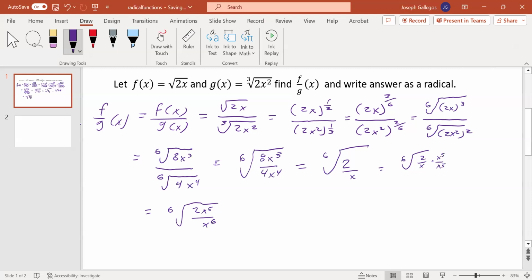And now we have a perfect sixth root in the denominator, so the denominator is just going to become an x. The sixth root of x to the 6 is x. And in the numerator, we have the sixth root of 2x to the 5th. And this would be the solution to the problem. So the square root of 2x divided by the cubed root of 2x squared is the sixth root of 2x to the 5, all divided by x.